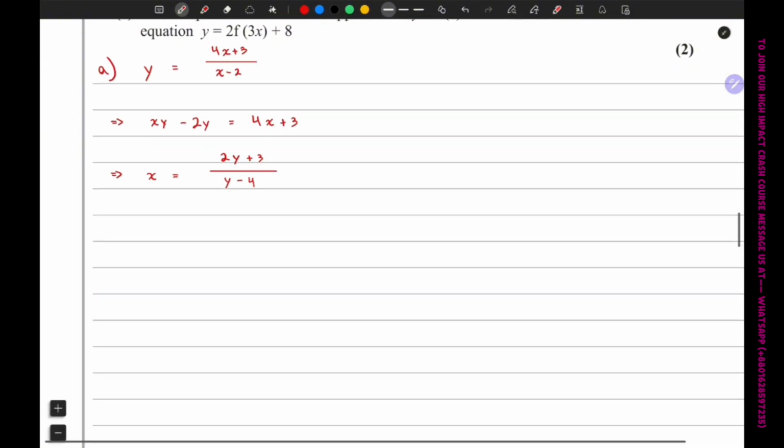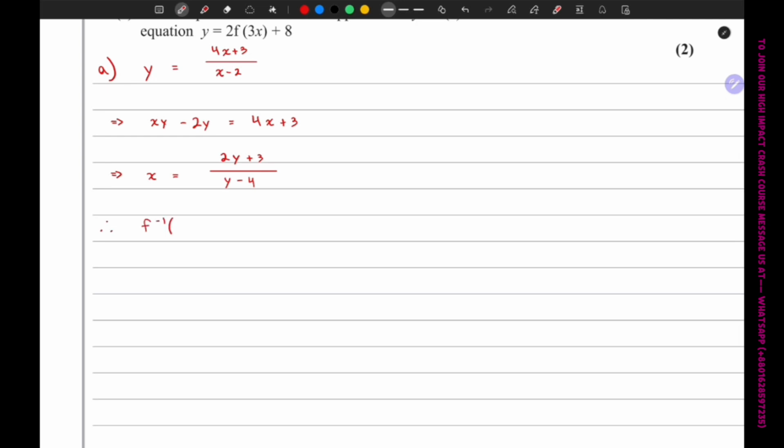Alright, so this is the end of the second step. Now the final step would be to replace x with f inverse x, I mean the inverse function, and replace y with x. So this will be 2x plus 3 over x minus 4.